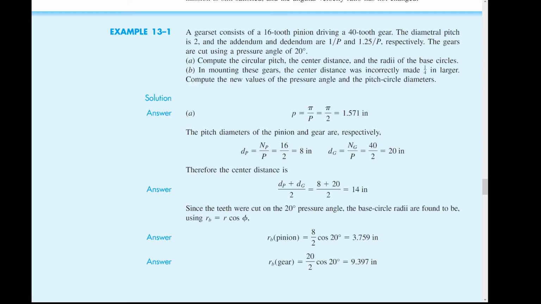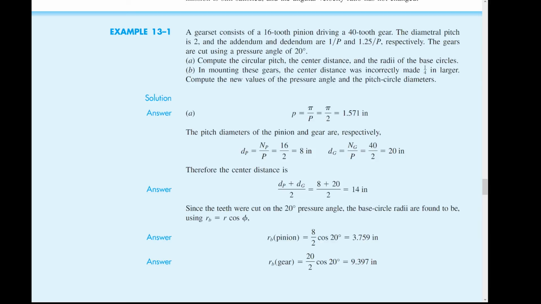First, little p equals pi over capital P, and P is 2, so pi over 2. So little p is pi over 2, 1.571 inches.